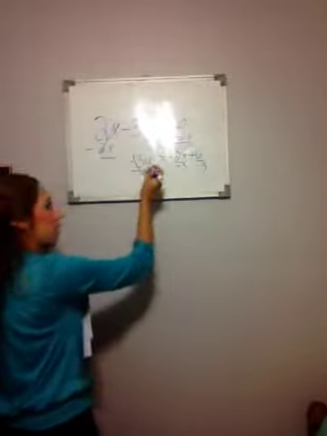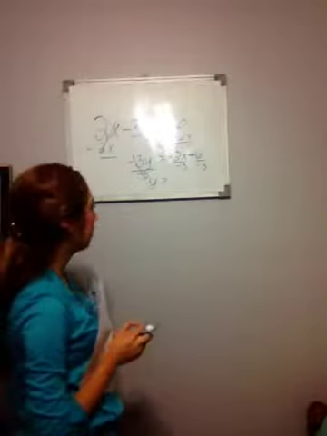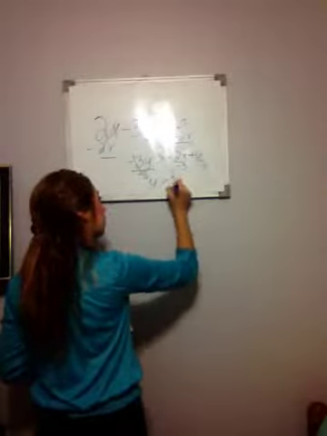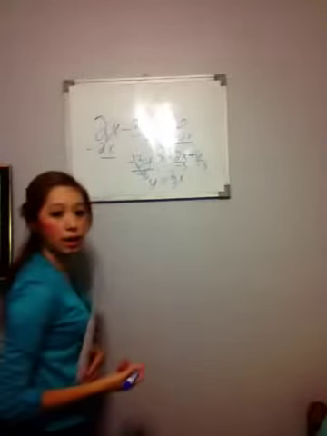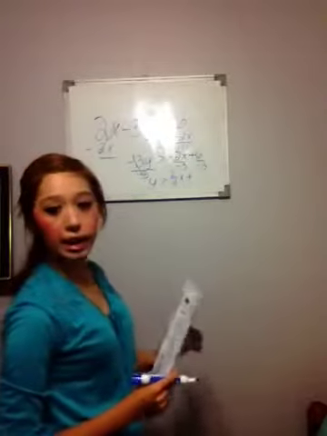This cancels out, and you're left with y is greater than negative 2x over negative 3. That's just 2 over 3x. Plus, since it's 6 over a negative 3, you're left with a negative 2.